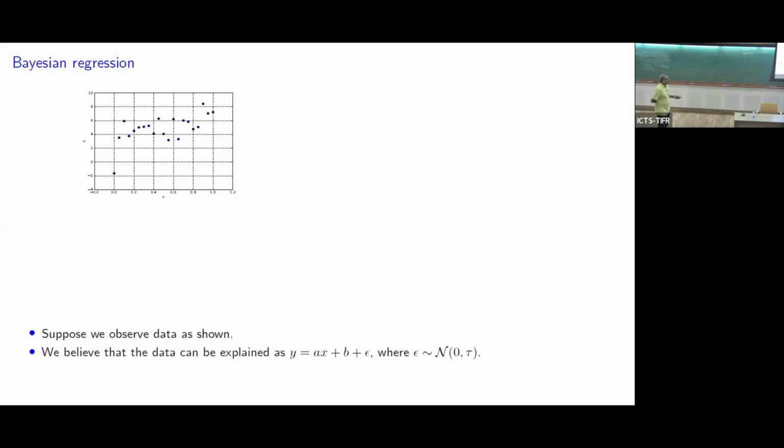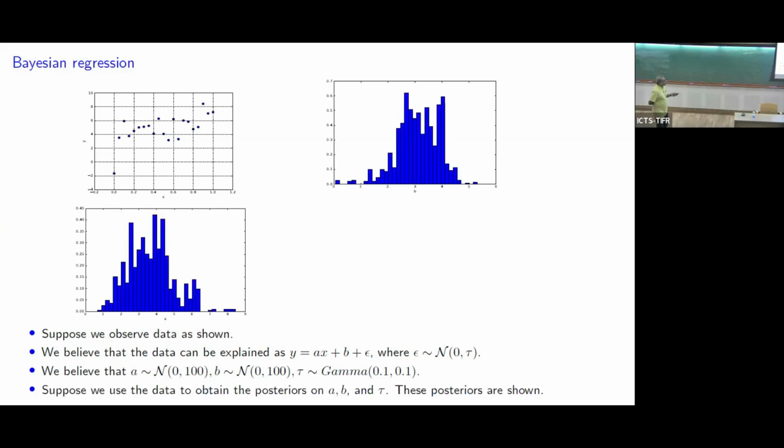Here the parameters of our model are A and B. So we have to start out with a prior distribution on A and B, which we think of, say, as something like this. Okay. This is how our prior distribution looks, and this is how our posterior will look. And finally, we will be able to get to the posteriors for A and B.